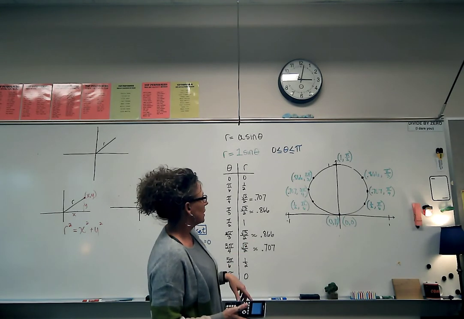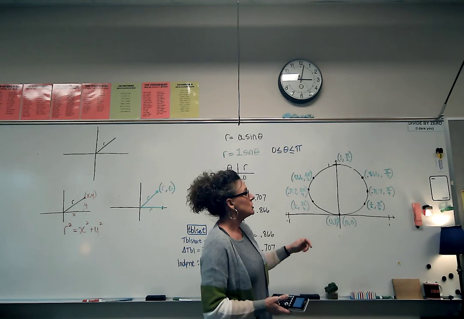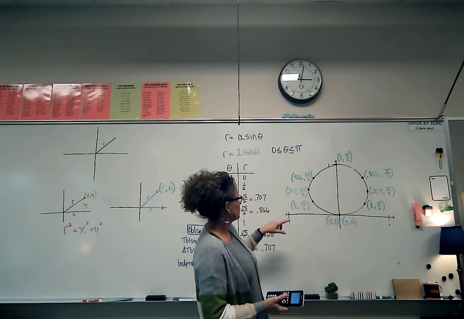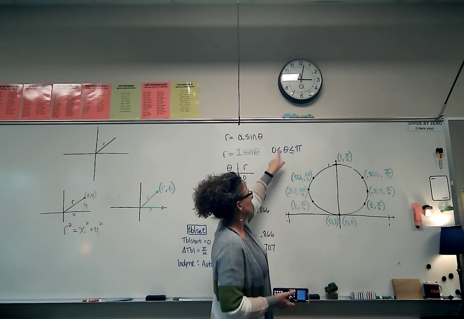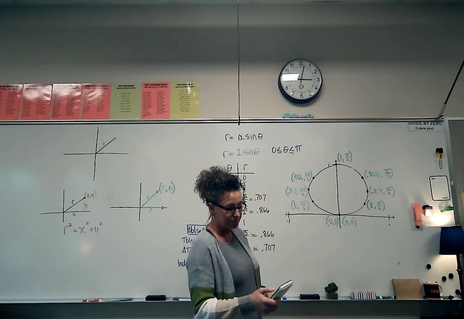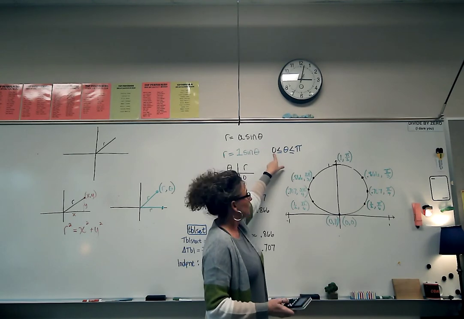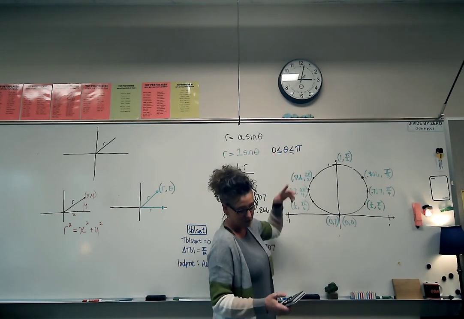And you can set up your window. What's going to happen is we're going to get one complete circle from 0 to pi. So go to your window. Your theta min needs to be 0. Your theta max needs to be pi. You can just type the pi symbol.